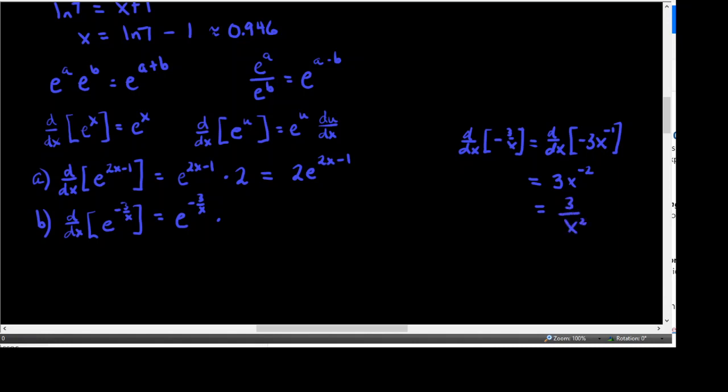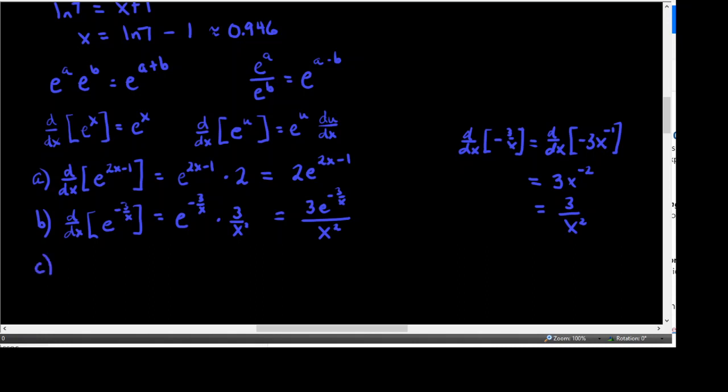So taking that back to our problem, this answer could be written as 3e to the negative 3 over x, all divided by x squared.